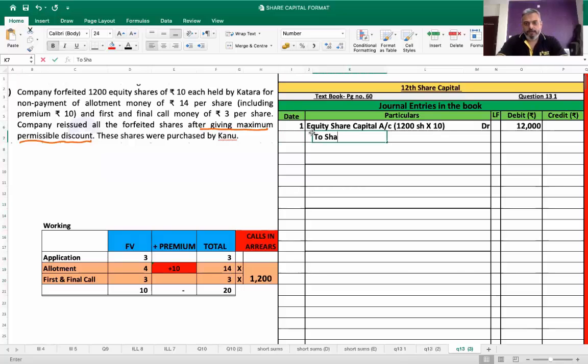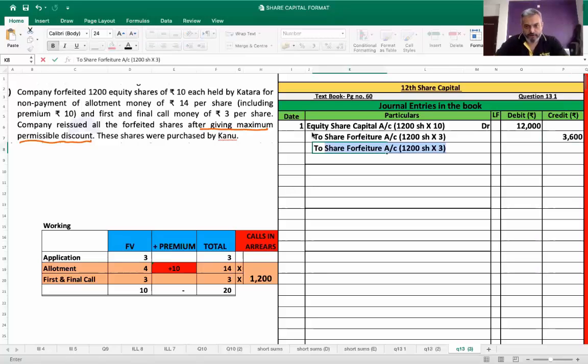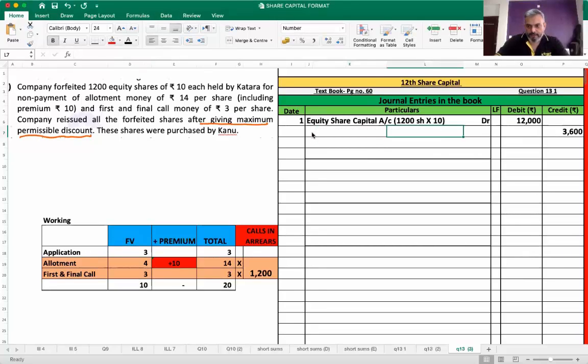To share forfeiture account, 1200 shares into, we forfeit what we have received. We have received application 3 per share. So 3,600. To, oh I'm sorry, we have premium what we have not received.